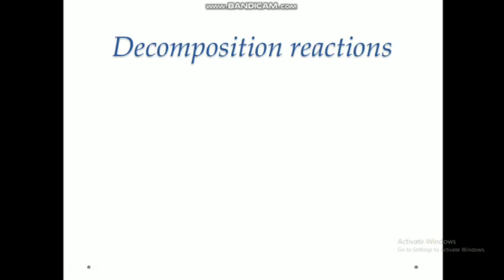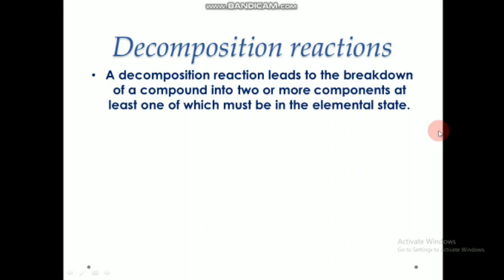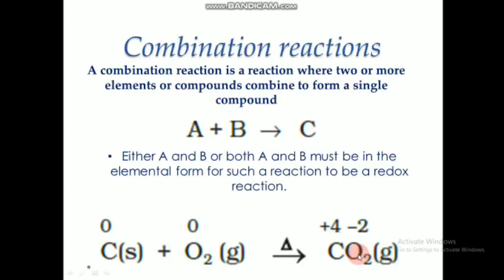So next is the type of reaction which is known as decomposition reaction. As I told, decomposition is just opposite of combination reaction. So a decomposition reaction leads to breakdown of compound into two or more different compounds. At least one of them must be elemental state. In combination, we have seen this type of reaction where two of them combine together to form a single compound.